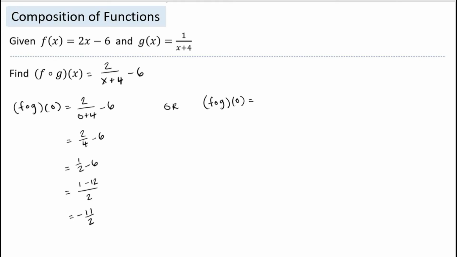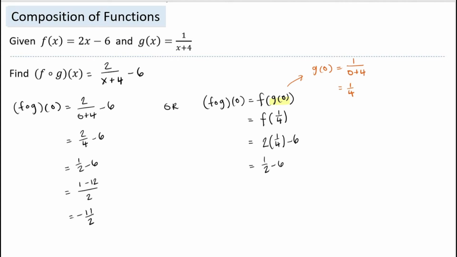Using the original functions f and g, we get f of g of 0. G of 0 is equal to 1 over 0 plus 4, which is 1 over 4. Then we have f of 1 over 4, which is equal to 2 times 1 over 4 minus 6. Then we get negative 11 over 2.